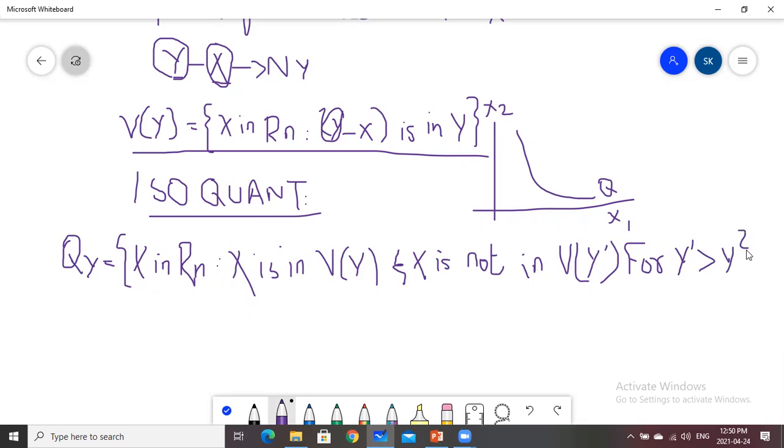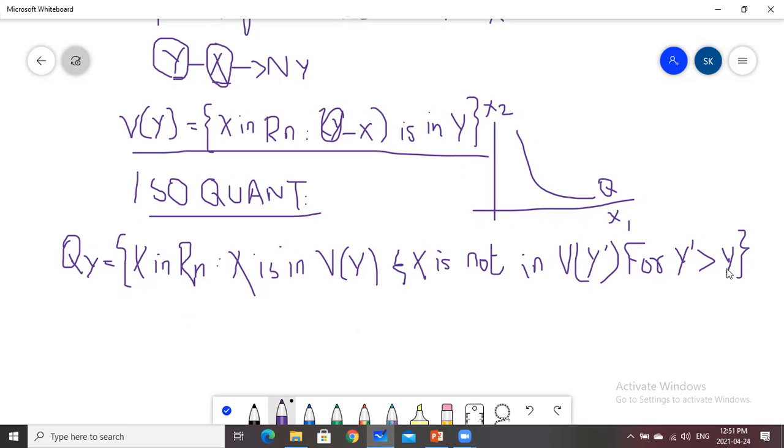Now let me read the statement again. X is in Rn, that is, it is a subset of the production possibility feasible region. X is in V of y, that is, X satisfies the condition of input requirement, and X is not in V of y prime, where y prime is greater than y.